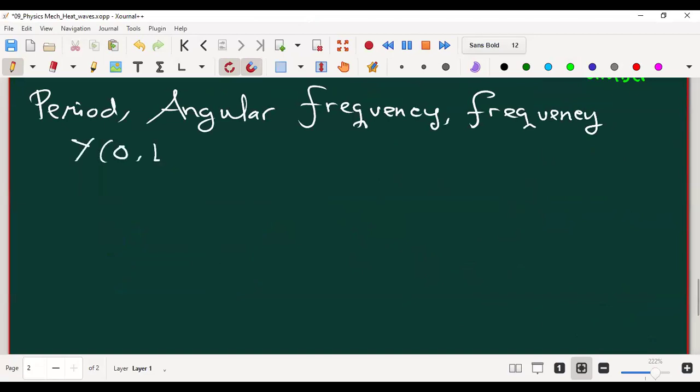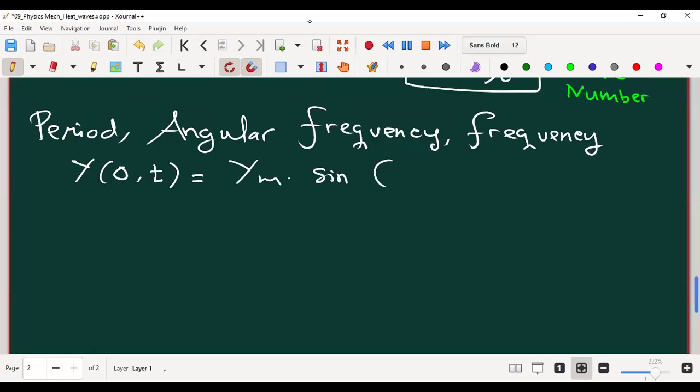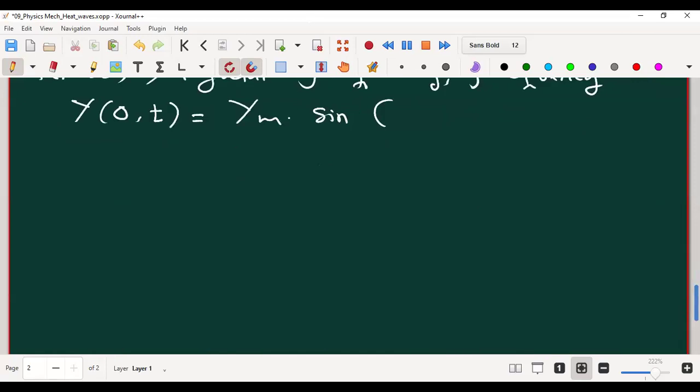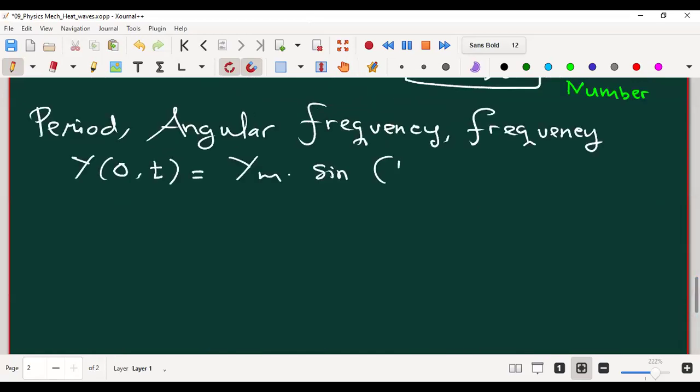So the equation becomes ym sin(kx minus omega t). Because x is 0, k times 0 is 0, minus omega t. So this becomes ym sin(minus omega t).